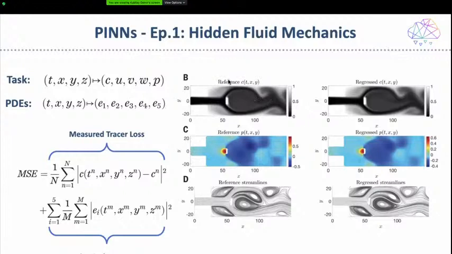And what the network actually does in this case, by considering the physical laws and the data of this tracer, is reconstructing the continuous field over the whole time domain, not only of this tracer, but also of the pressure field and of the velocity field, which is shown below here in the streamlines. It's basically the horizontal field at a given time.